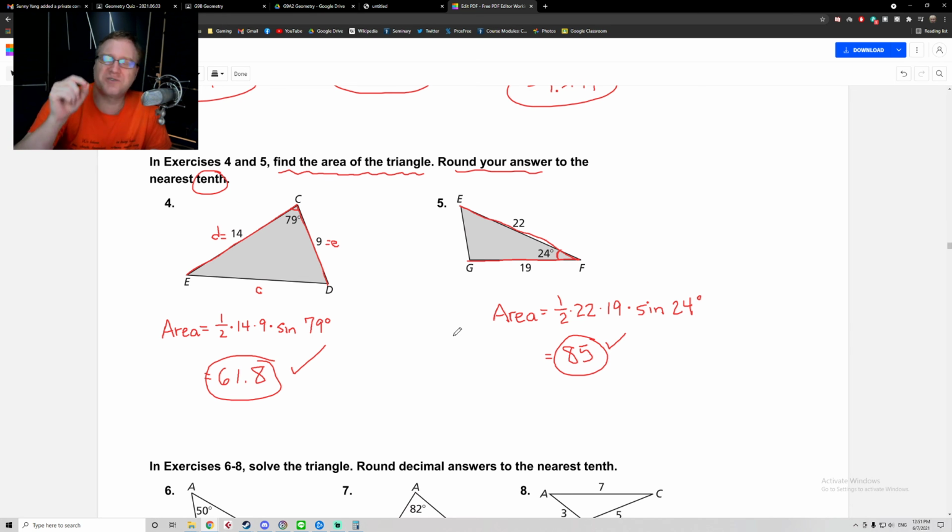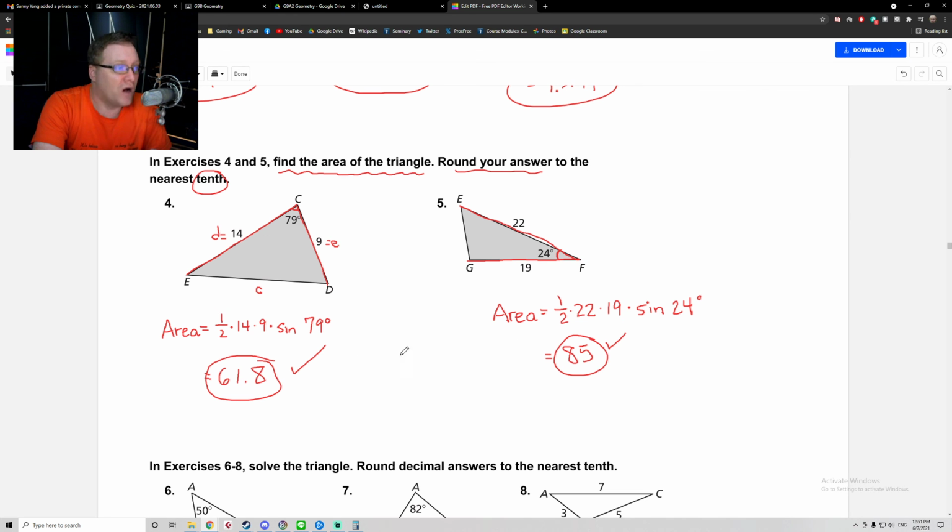You don't need to remember the whole formula with A times C times the sine of B or whatever. Just remember that if you know the side, and the angle between the sides, then it's just going to be 1/2 times this times this times the sine of the angle. And you got the answer.